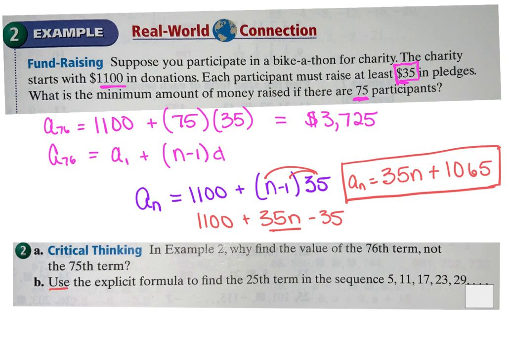So look at B. Use the explicit formula to find the 25th term in this sequence. So go ahead and try that. Write an explicit formula for the sequence, and then find the 25th term by plugging in your 25. All right?